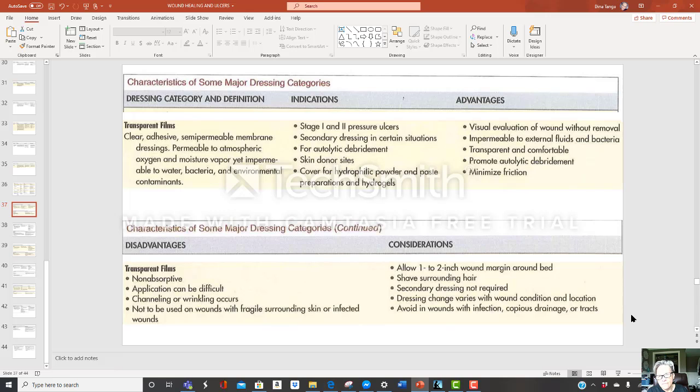Advantages: visual evaluation of wound without removal, impermeable to external fluids and bacteria, transparent and comfortable, promotes autolytic debridement, minimizes friction. Disadvantages: non-absorptive.